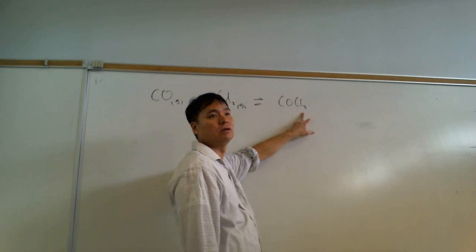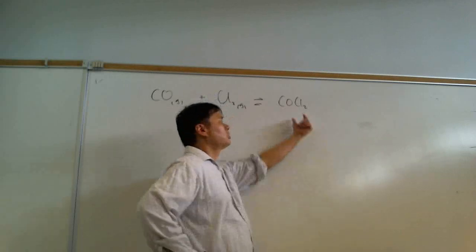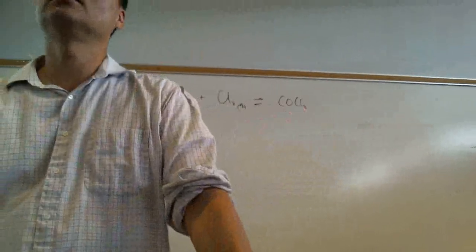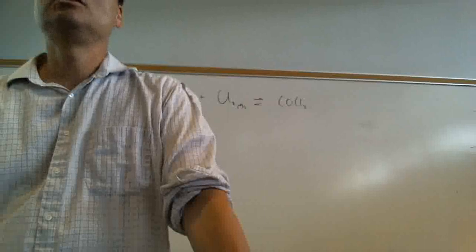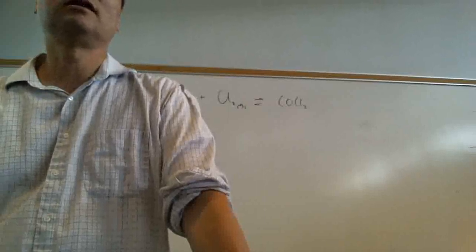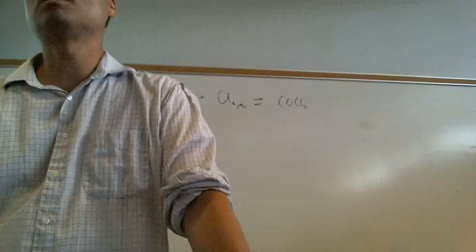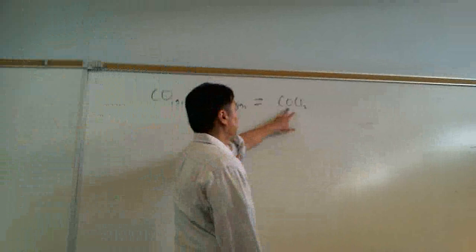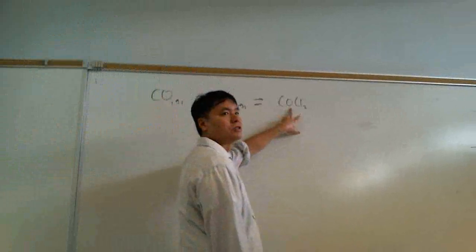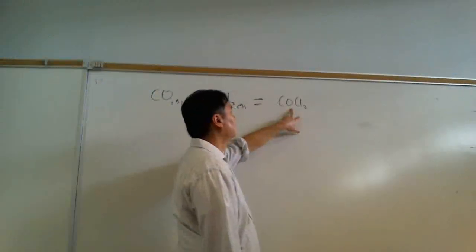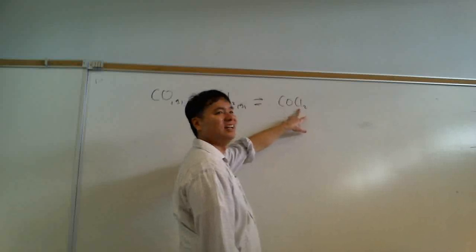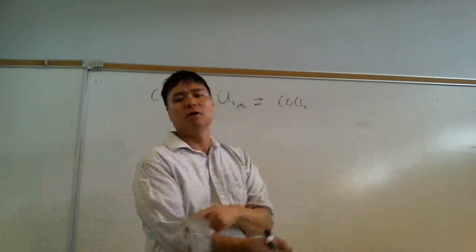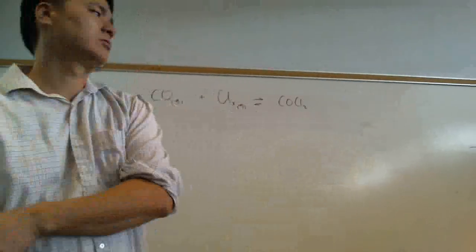This is tricky, and if you ever have a case where you don't know which one should go first, it's usually the most electronegative one that goes first, because the most electronegative one wants its oxidation state. So usually we would do oxygen at -2 and chlorine at -1, and then carbon would be +4. Or we could just draw out the Lewis structure, and we would get the same.